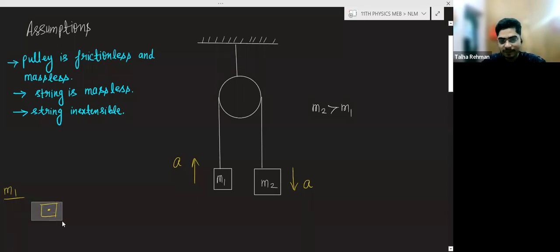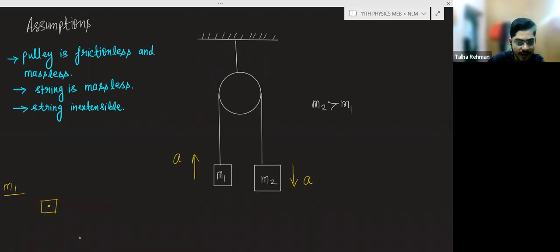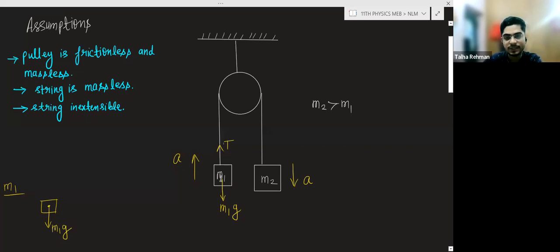Here I have just drawn it large, but it is basically a point mass. m1g will be in the downward direction, and the tension in the string will be in this direction. I have told you the tension always acts away from the body.